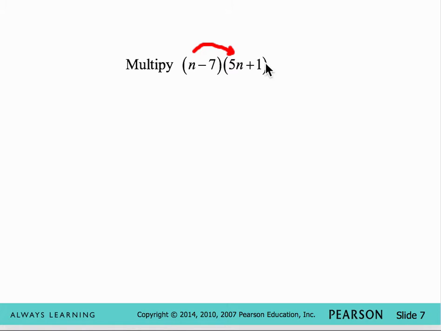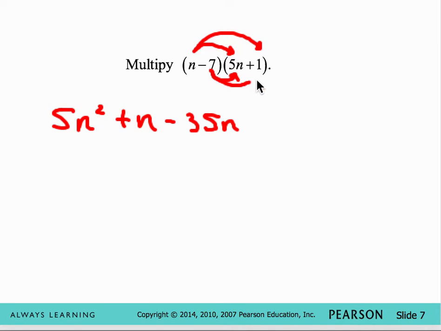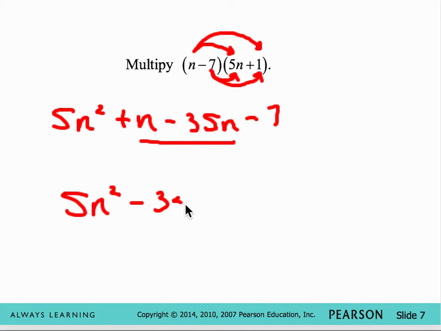It's just the first term times both of these, so 5n squared, and then plus n, and then the last term times both of these, so negative 35n minus 7. If there are any like terms, be sure you combine them. So negative 35n's plus 1n, negative 34n.